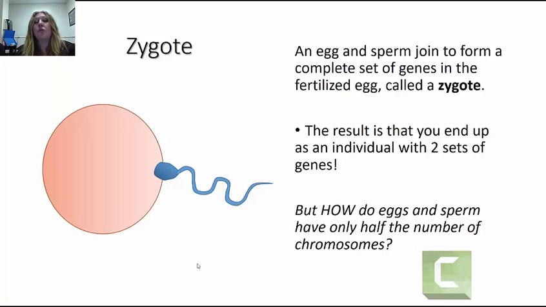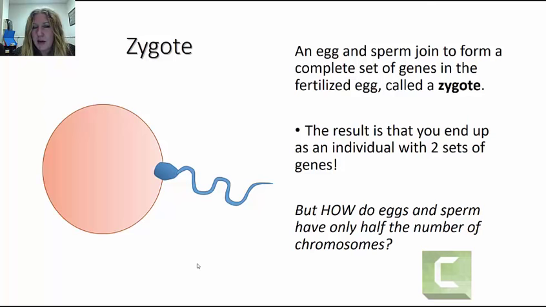So you all started out as a fertilized egg. And somehow from that one little fertilized egg, you ended up being 40 trillion cells strong. Wow, that's a lot of growth. So when the egg and sperm join, they actually form a complete zygote, which has all the 46 chromosomes that you would expect.